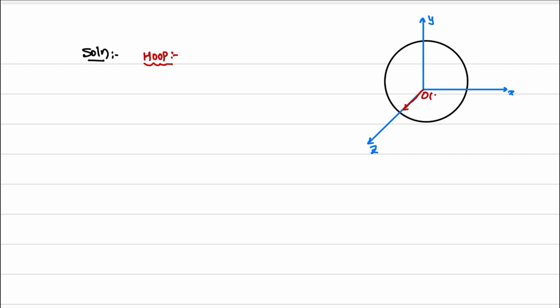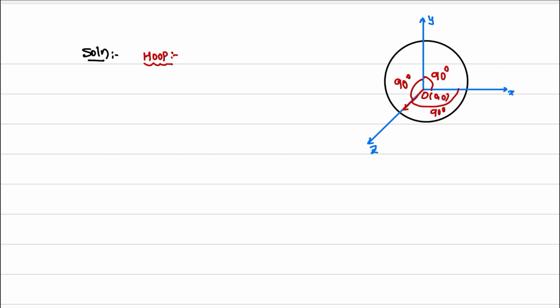This is the origin, passing through its center, and perpendicular, because the xyz axes are perpendicular to each other. This angle is 90 degrees. This angle is 90 degrees. This angle is 90 degrees. The xy is one plane, z is perpendicular to the plane. I have explained this concept in my previous lectures.